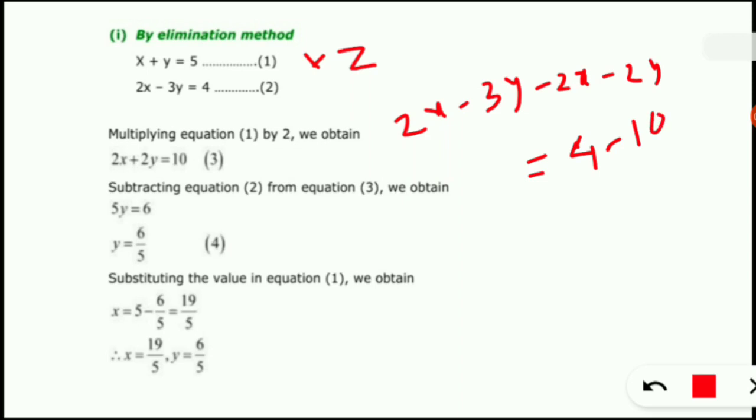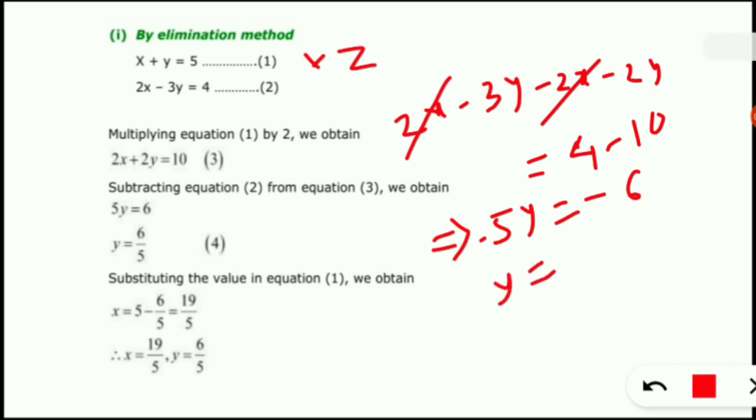So plus twice x minus twice x cancel, so it implies minus 5y equal to minus 6, so y equal to plus 6 divided by 5. So here we eliminate x first, because the coefficient of x is the same, and after that we subtract equation 2 from equation 3. So here we get y equal to 6 by 5.